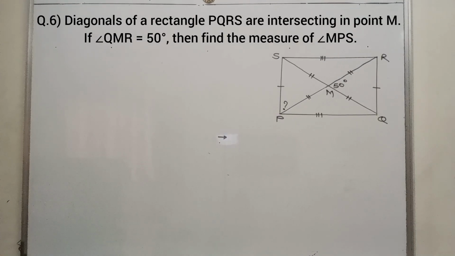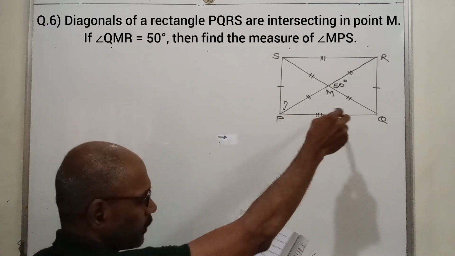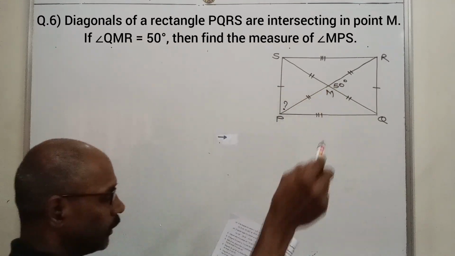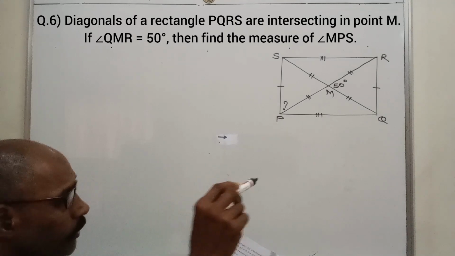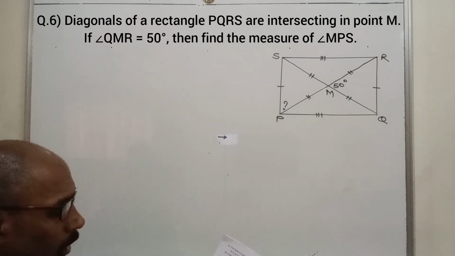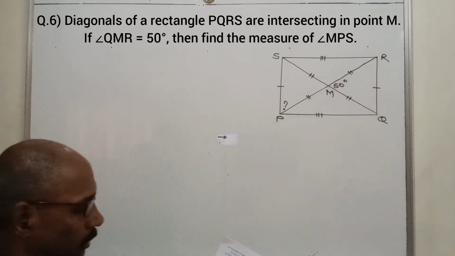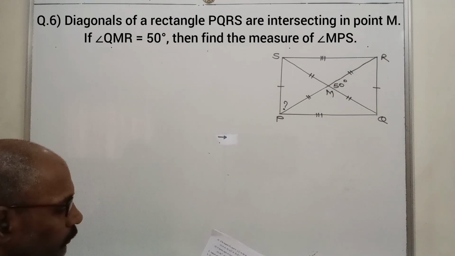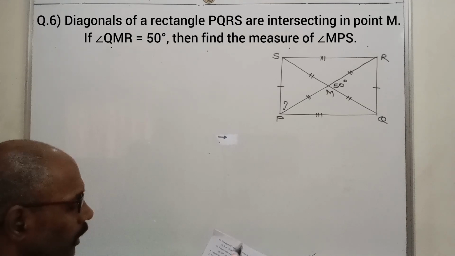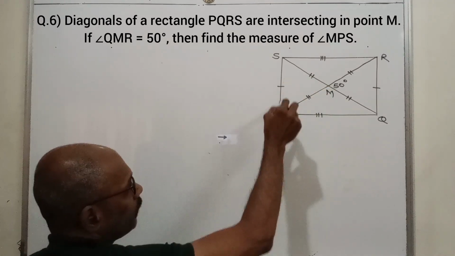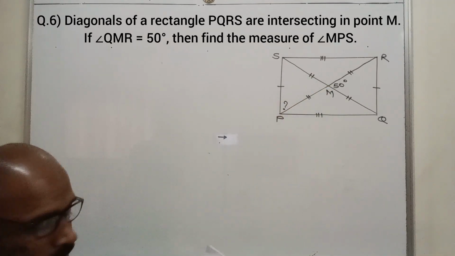Example number 6. Diagonals of a rectangle PQRS are intersecting in point M. If angle QMR is equal to 50 degree, then find the measure of angle MPS, measure of this angle.